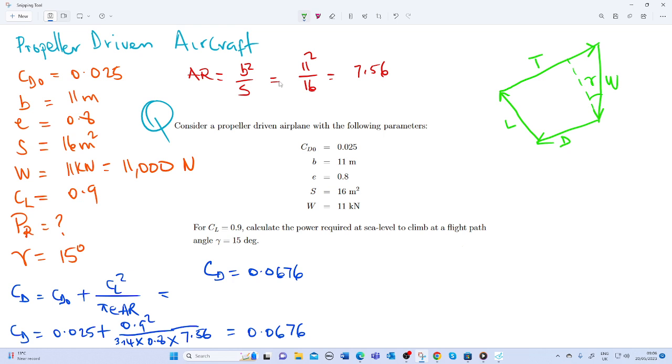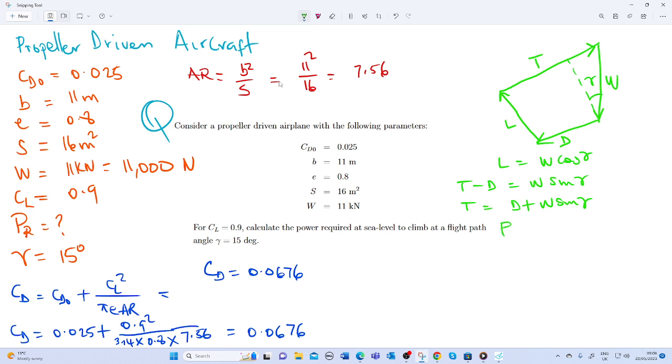Now we can deduce from here that the lift equals W cos gamma, and thrust minus drag equals W sine gamma, so thrust equals drag plus W sine gamma.